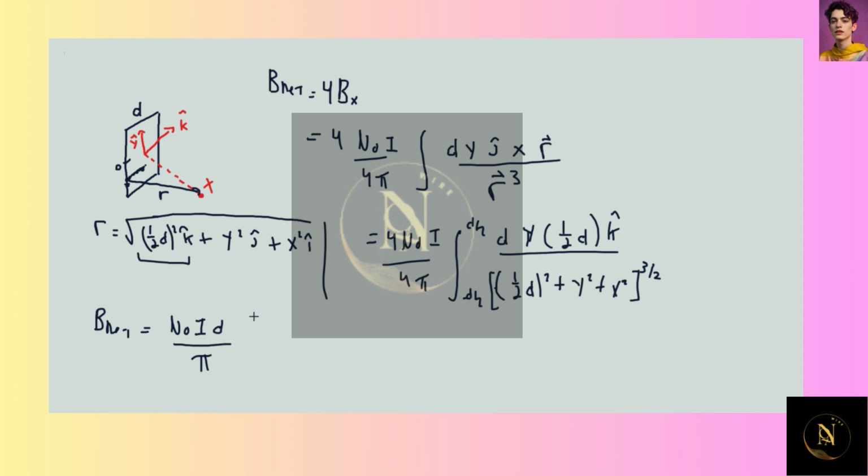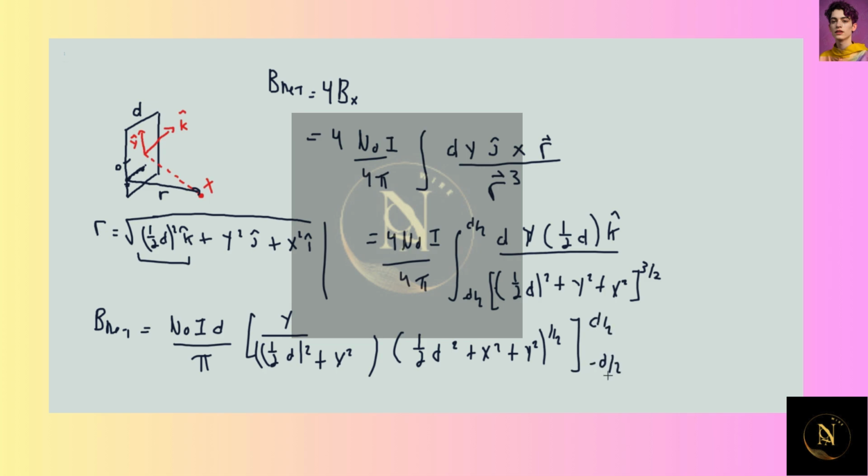And this should evaluate then to y over 1/2 d squared plus x squared, and then that whole thing times 1/2 d squared plus x squared plus y squared, there we go, to the 1/2. And we're evaluating this from d over 2 to negative d over 2. So there's our big expression.